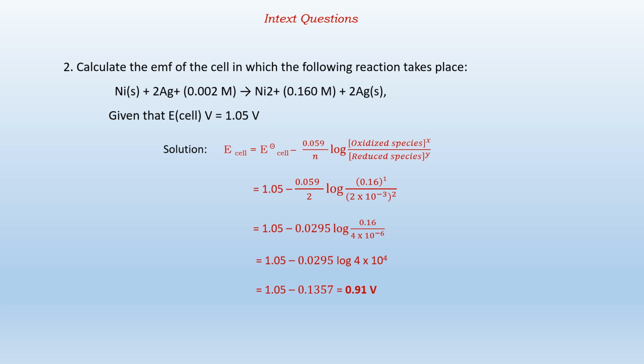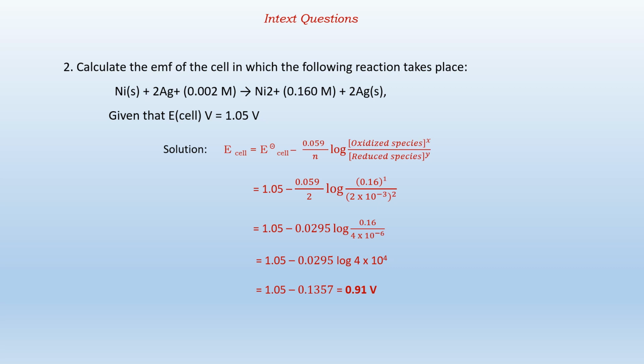Since you know the Nernst equation, E cell is equal to E naught cell minus 0.059 divided by n log of oxidized species to the reduced species concentration raised to its stoichiometric proportion. The n value here is 2 because nickel loses 2 electrons to silver and silver gains 2 electrons. So n value is 2.